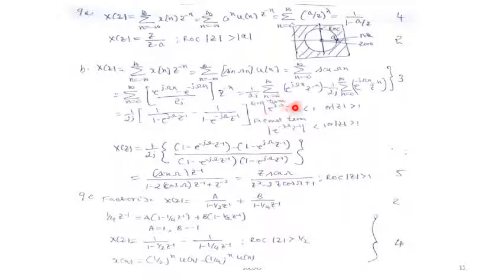Then find the ROC here. By considering this term, it is less than 1, so we'll get mod z is greater than 1. In the second term also we'll get mod z greater than 1. So the ROC will be mod z is greater than 1. Simplify this equation.